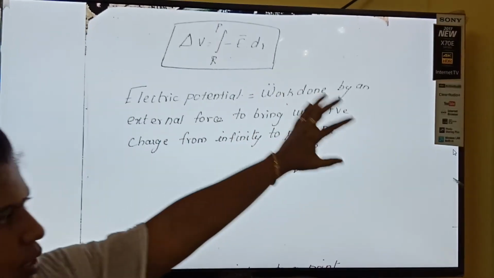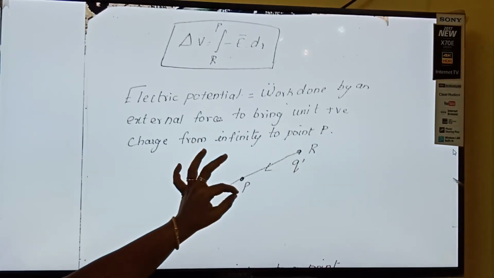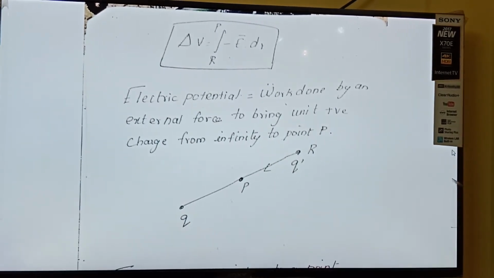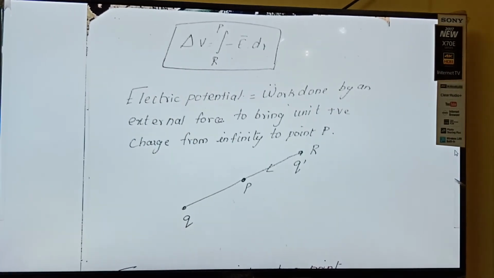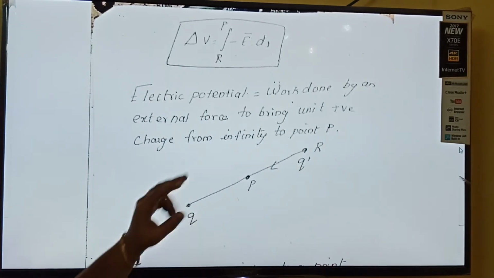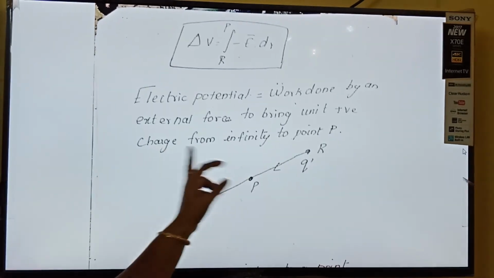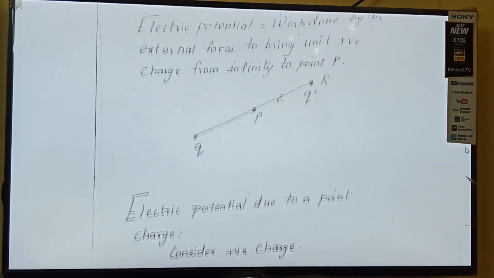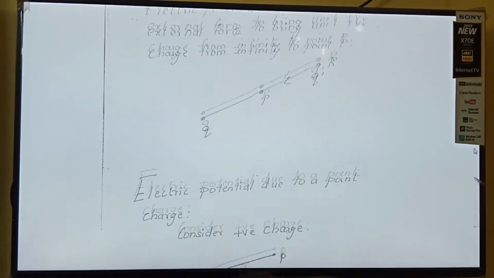That is equal to the electric potential. So the electric potential is equal to the work done by an external force to bring a unit positive charge from infinity to the point P. So this is about the electric potential and electric potential energy.